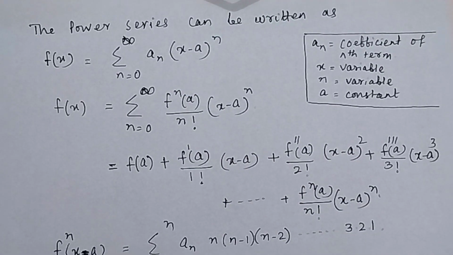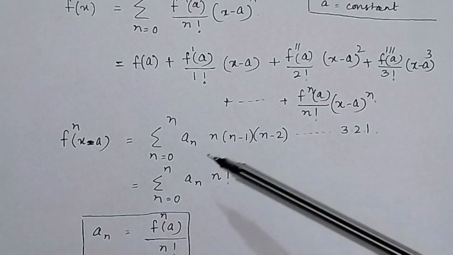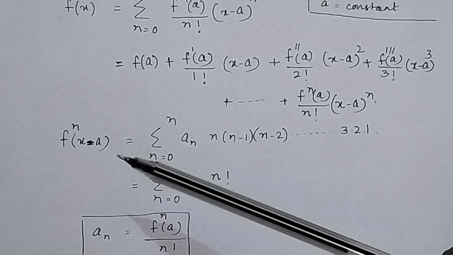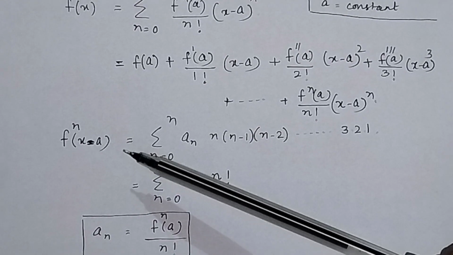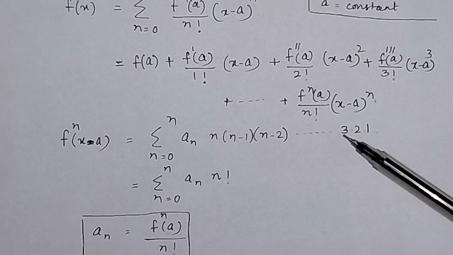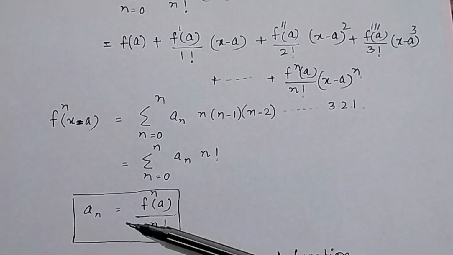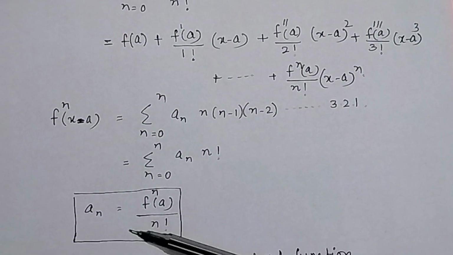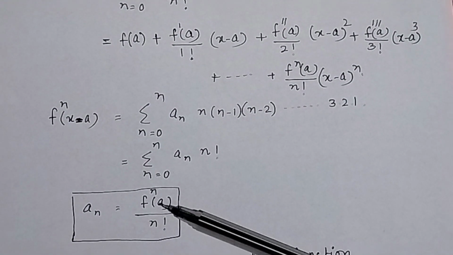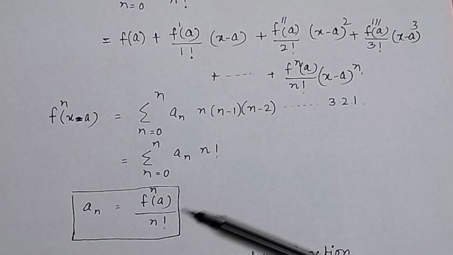You see, I have found the nth derivative of the function f(x) at a point a. The coefficient of the nth term will be equal to the nth derivative of the function at the point a divided by factorial n.